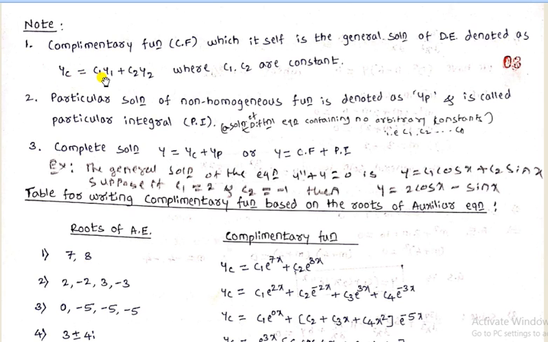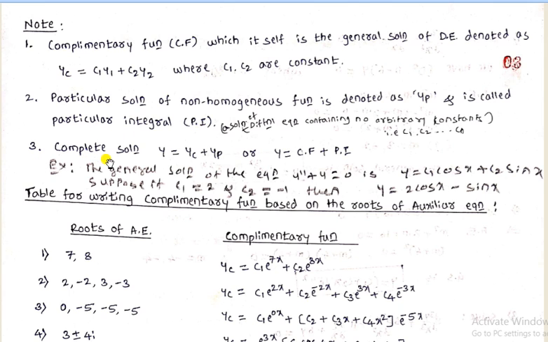Yc is equal to C1y1 plus C2y2, where C1 and C2 are constants. The second one is the particular solution of the non-homogeneous equation, denoted as Yp and called the particular integral, or PI. The particular solution does not contain any arbitrary constants C1, C2, C3 and so on.